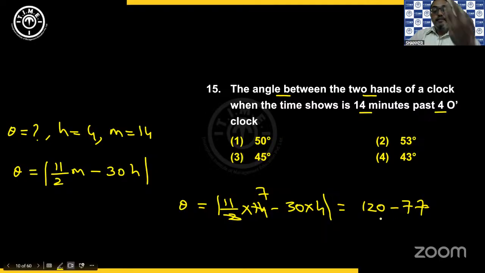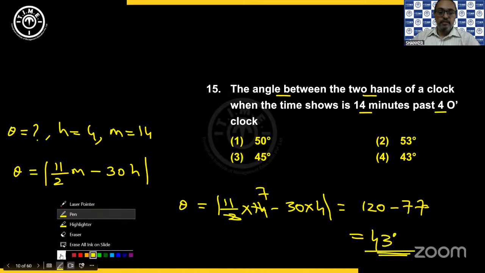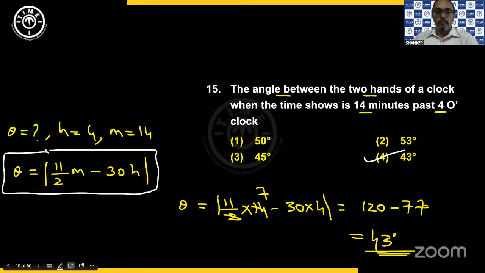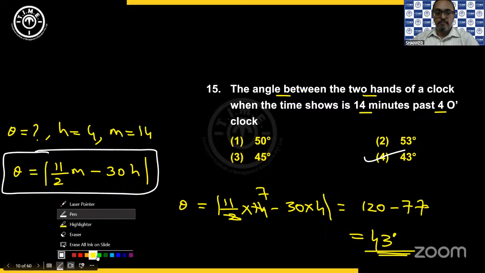But I need 3 more than that. So it is going to be 43 degrees will be our answer. And that's available in fourth option. Okay. So that is how it has to be understood in this case. Simple substitution of a formula will give us our answer.